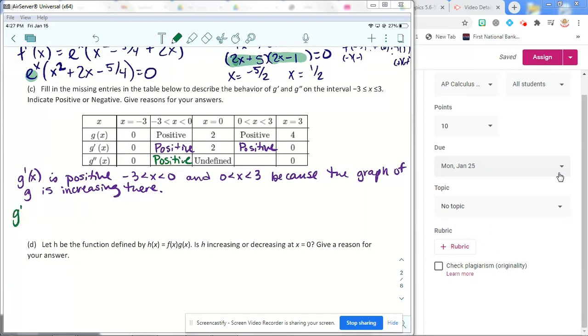So G double prime is positive from -3 to 0 because the graph of G is concave up there.